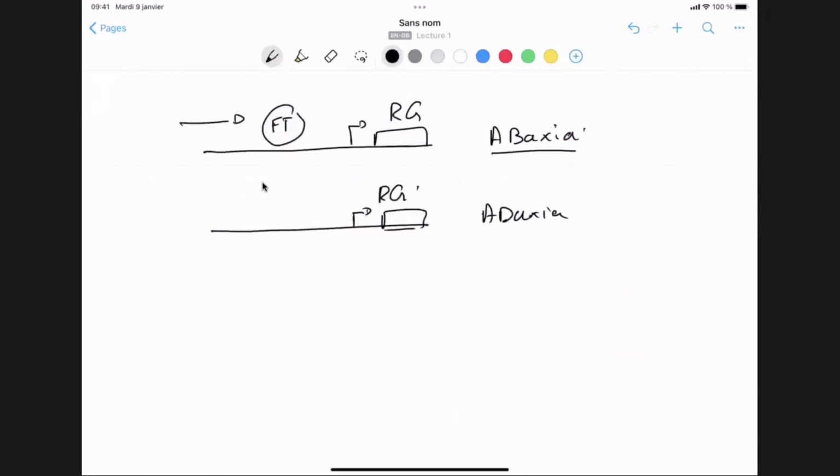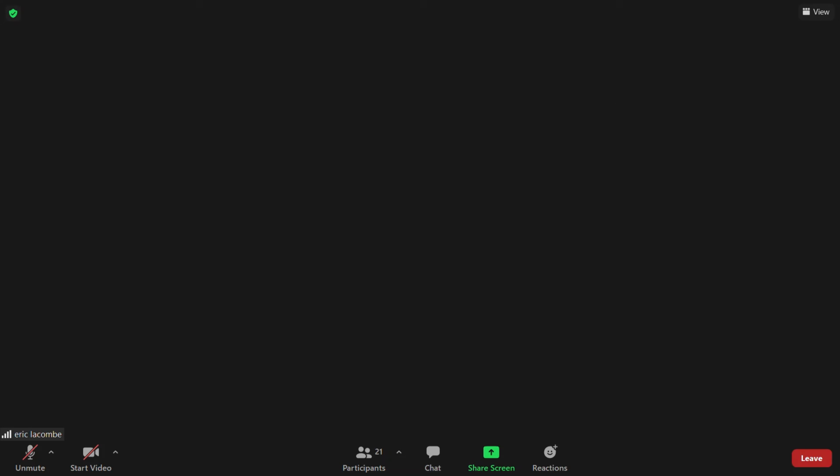But in the situation that I showed you, the messenger of the transcription factor, okay, I will write it like that, the messenger of the transcription factor is produced in both of the cell types, but the microRNA destroys the RNA only in the abaxial cell fate. Okay, so it's a way.